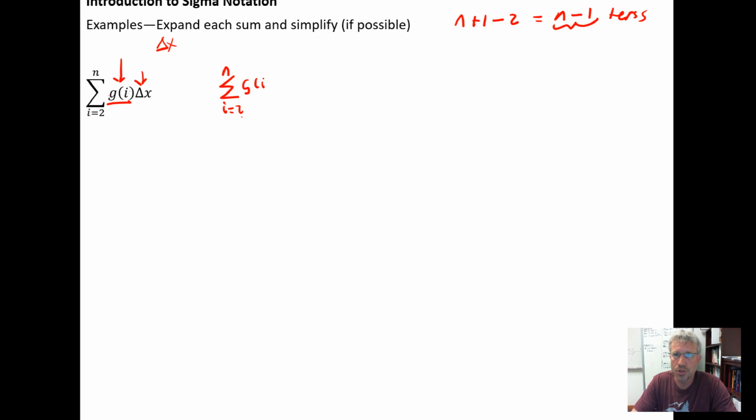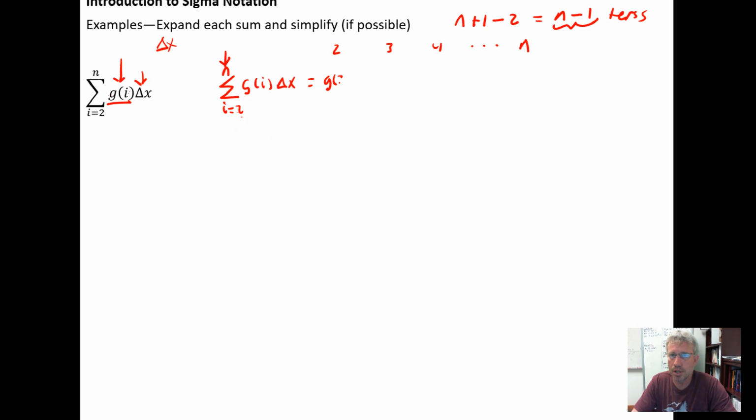And it's g of i times delta x. So this is going to equal, we're starting the lower index here, starts at 2. And then we're going to increment it to 3 and increment it to 4. And we're going to keep incrementing it until we get to this upper bound of summation. So we'll stop when we get to n. So just start with the 2, plug it in everywhere we see an i.